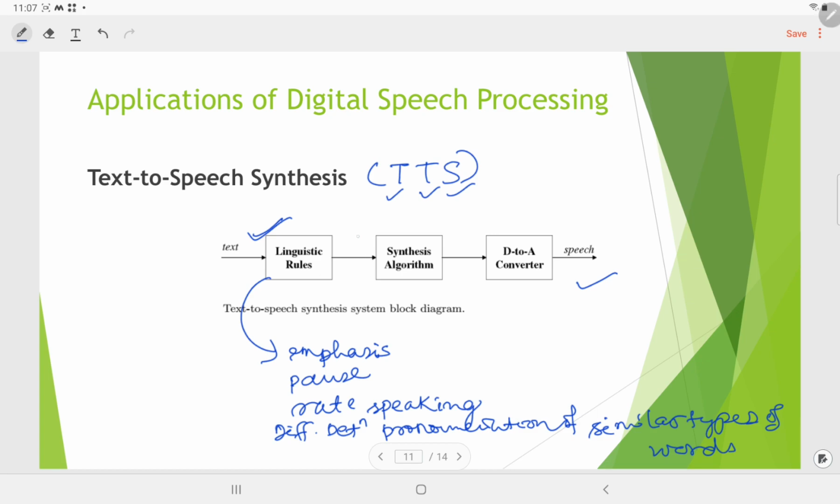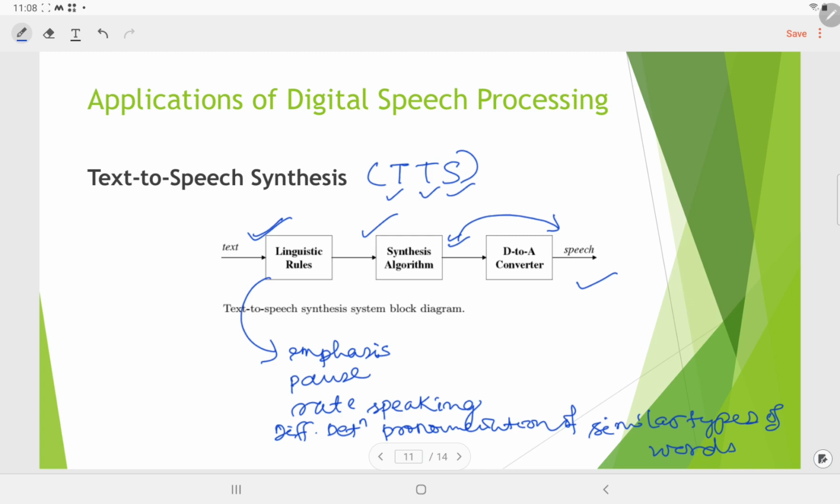Now the second block is the synthesis algorithm. Here the role of the synthesis algorithm is to simulate the action of the vocal tract system in creating the sounds of speech. Then after that, the output will be in digital format, then you need to convert it into analog format to listen to it.